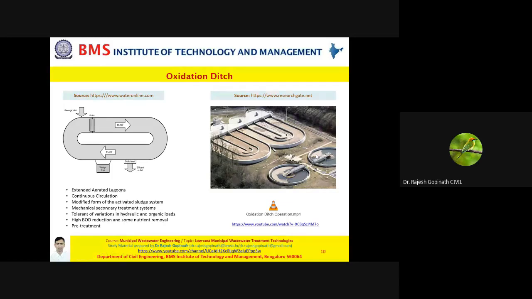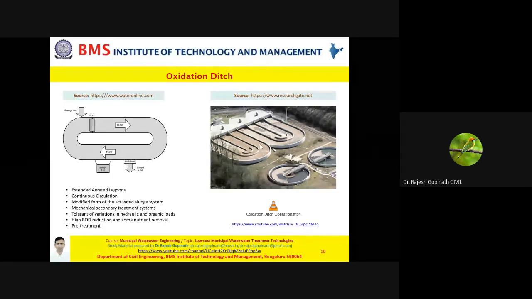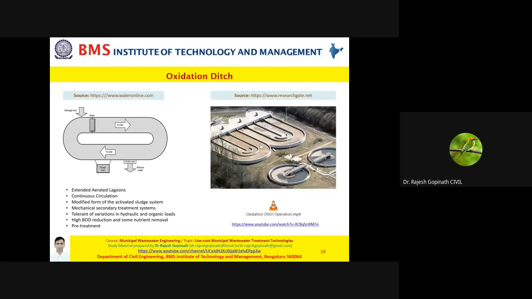Now the advantage of having an oxidation ditch is it is highly tolerant when it comes to any variation in your hydraulic loading rate or your organic loading rate. It can easily handle it.